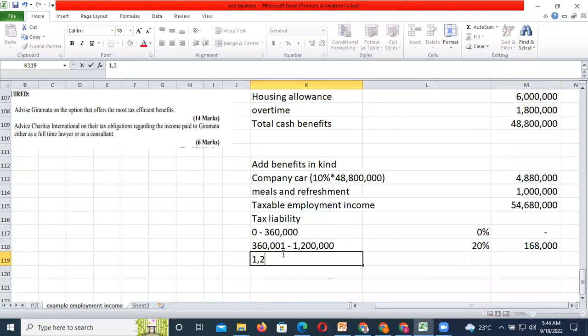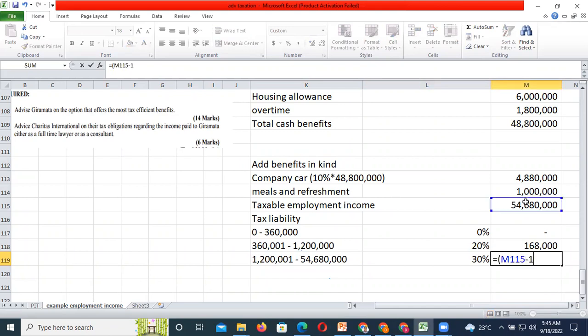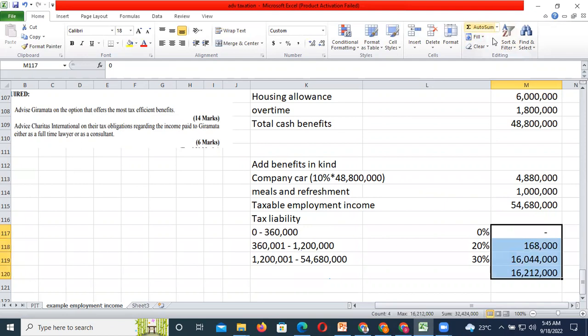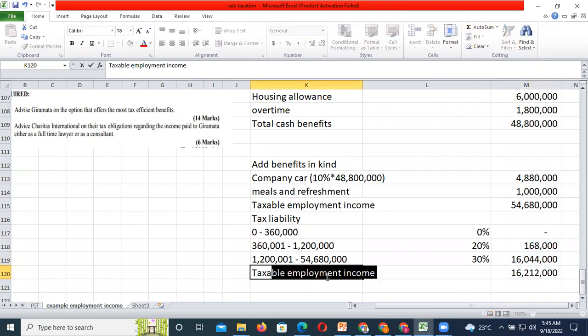Then from 1.2 million to 54,680, you want to calculate 30%. So this minus 1.2 million times 30%, then tax payable. I'm not going to compute it because now you are used to these ones.